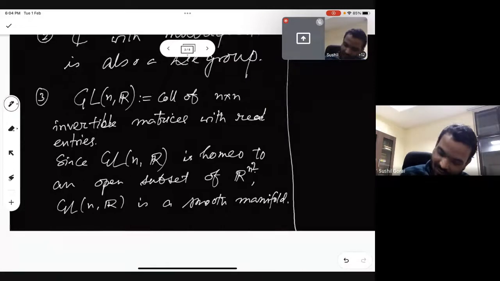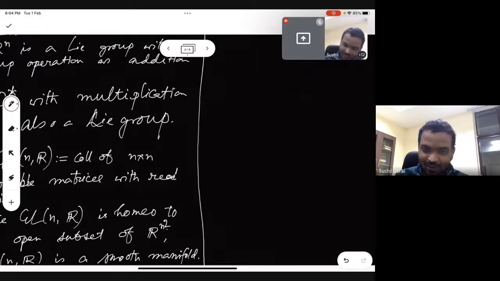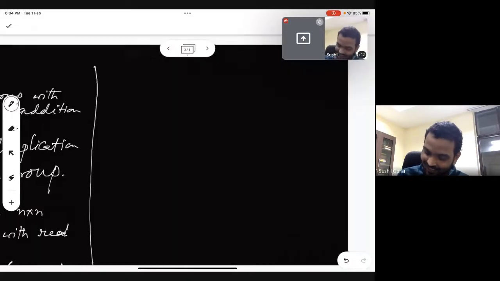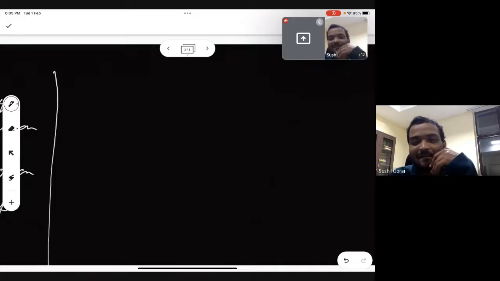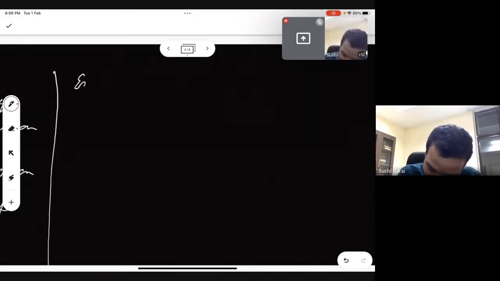Now, why are these two maps continuous? Or sorry, smooth? Yeah, maybe I should leave it as an exercise.